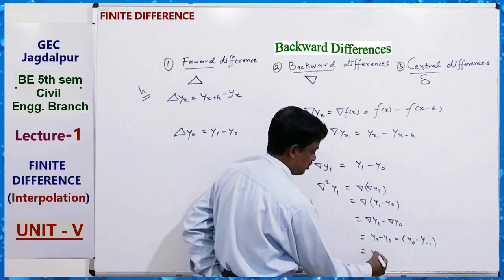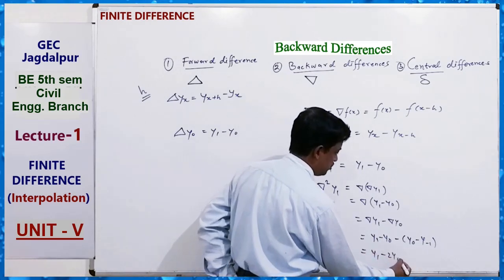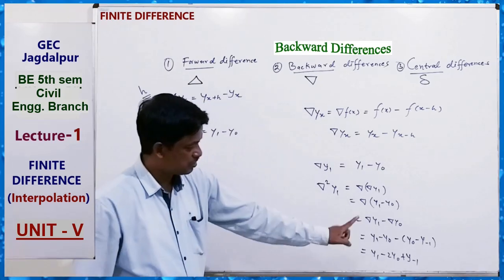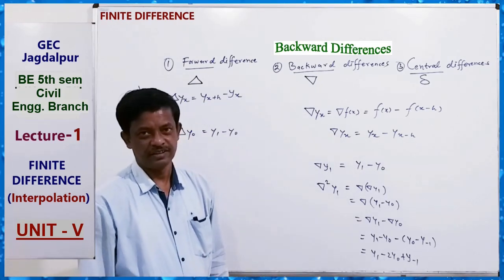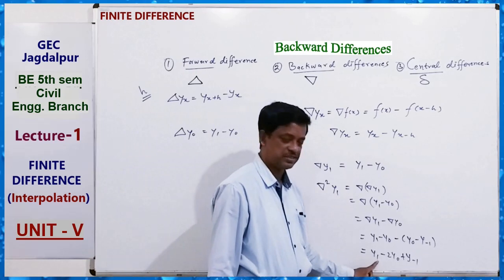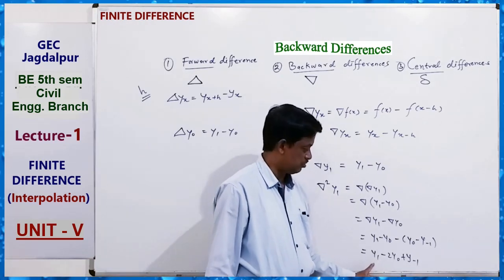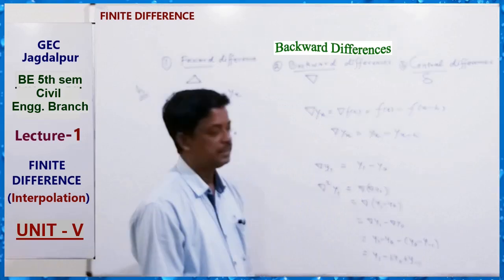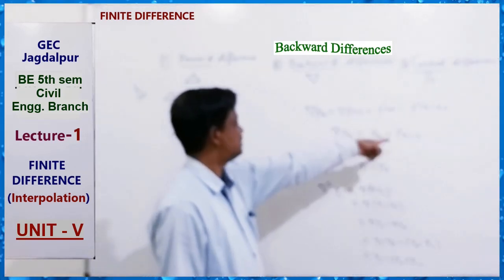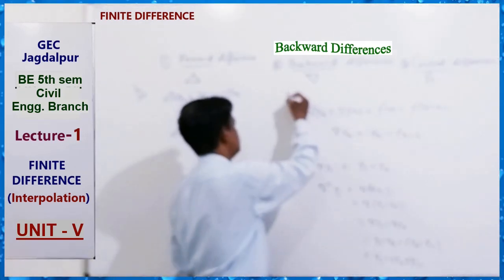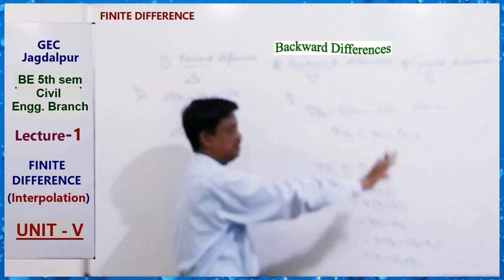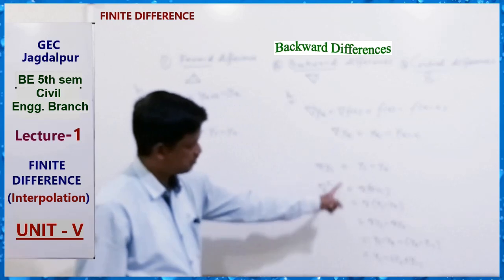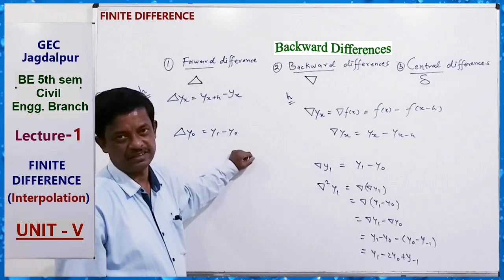So we can write y1 minus 2y0 plus y minus 1. So here the indices are minus 1, 0, 1. Start from 1, then one less each time. In terms of differencing h, we can write like this. So this is backward differences.